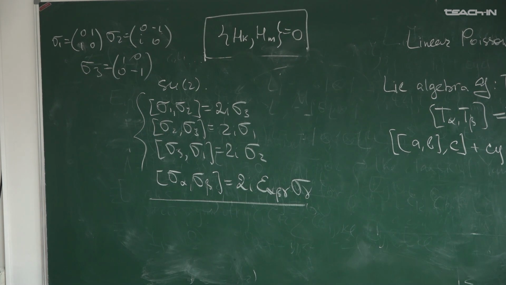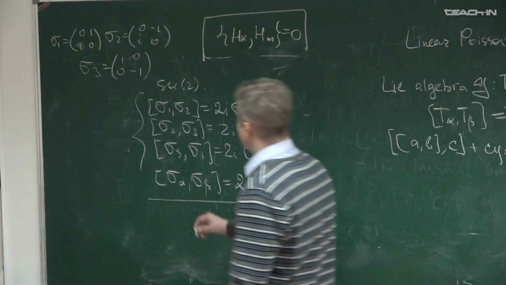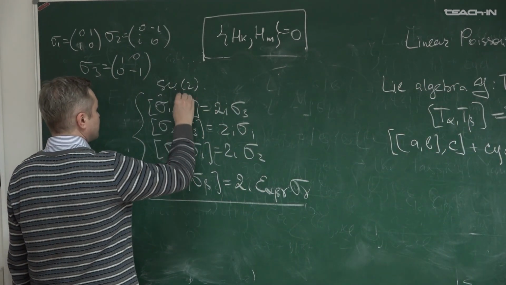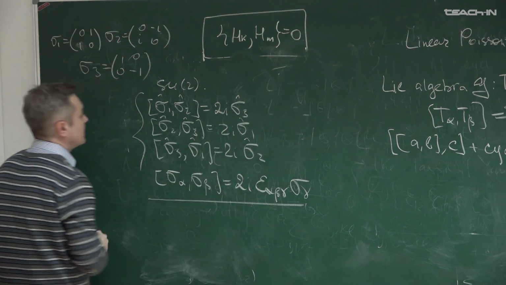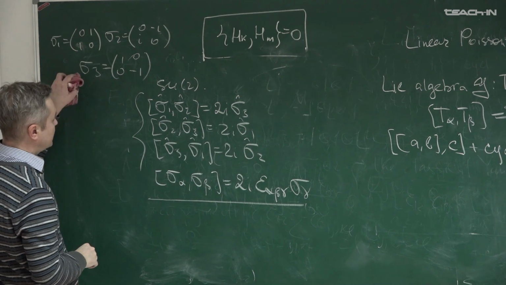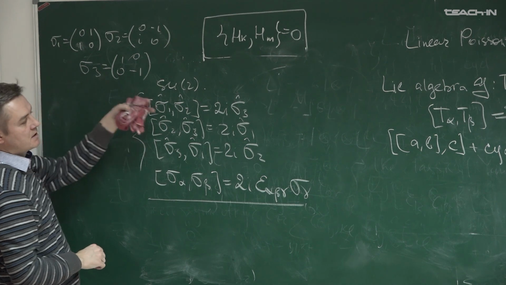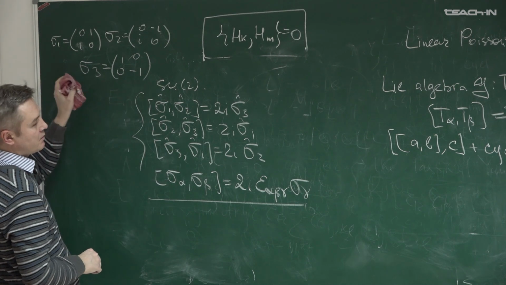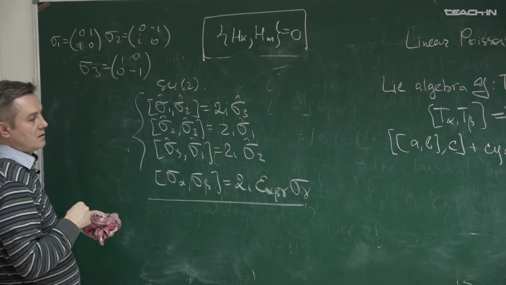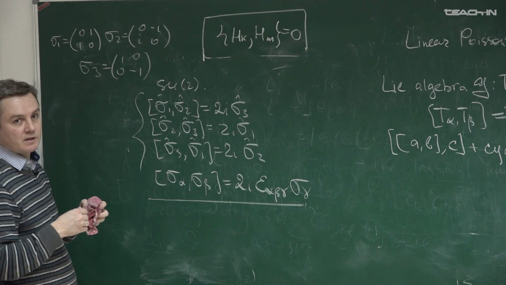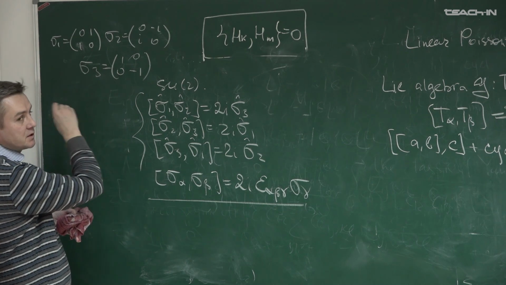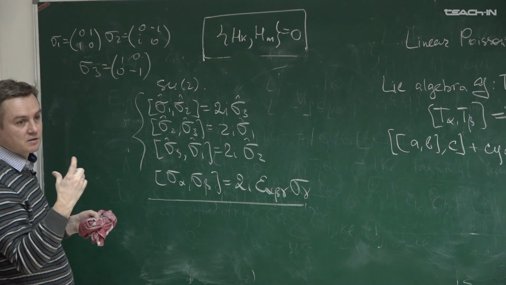So here we should maybe put hats, because this is just a definition of the Lie algebra, but these concrete Pauli matrices satisfy the same relations. So the Pauli matrices provide you a representation of this Lie algebra, a representation in the space of 2 by 2 matrices, which act on the two-dimensional space.